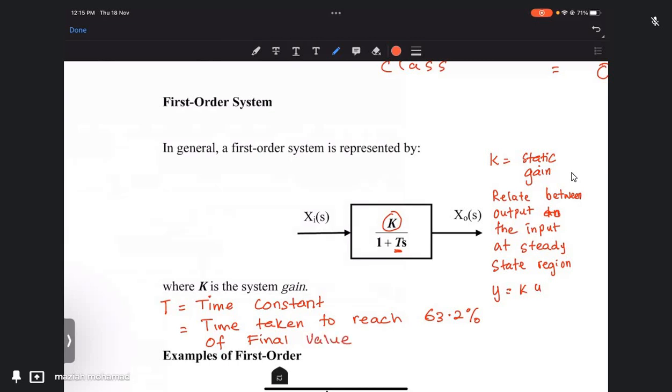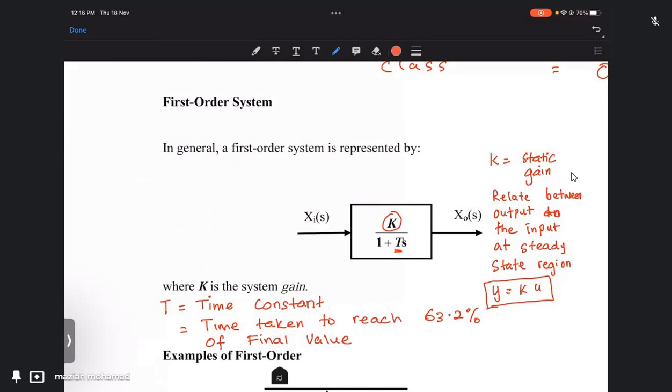Okay, so we can determine the final value based on this equation here. Final value will be the y at steady state. So time constant is how much time taken to reach 63.2% of the final value. If the final value is 1, 63.2% is 0.632. Time constant, time taken to reach 63.2% of final value.